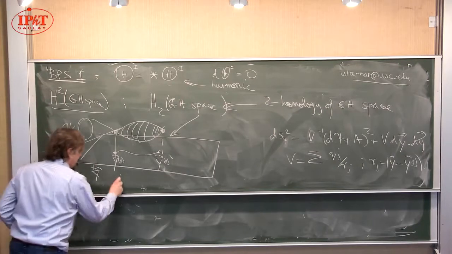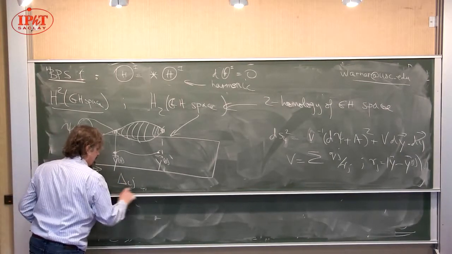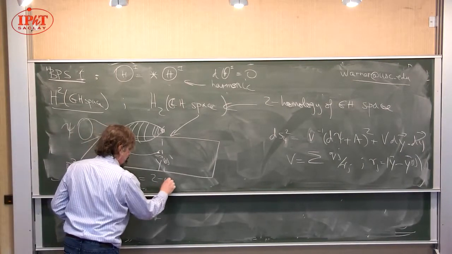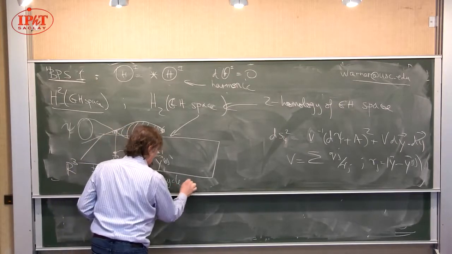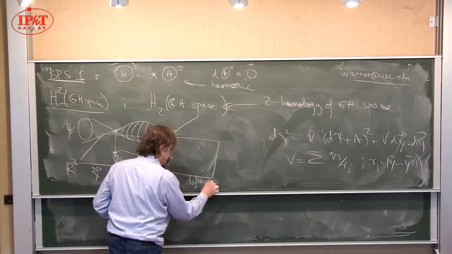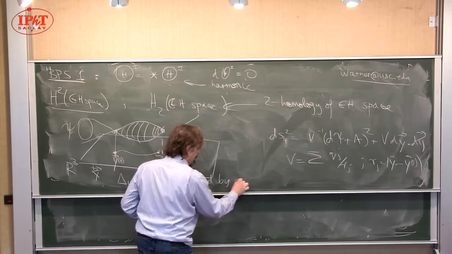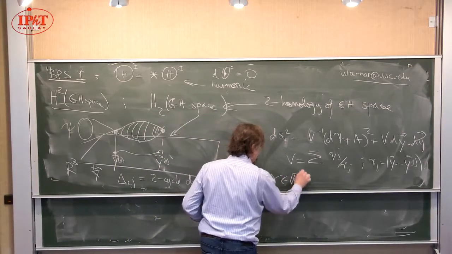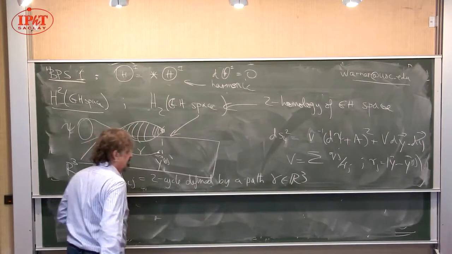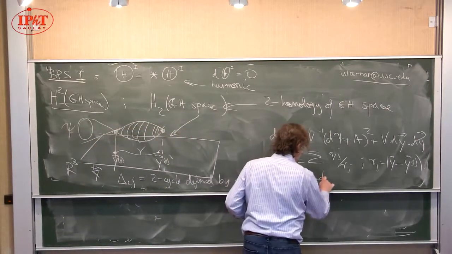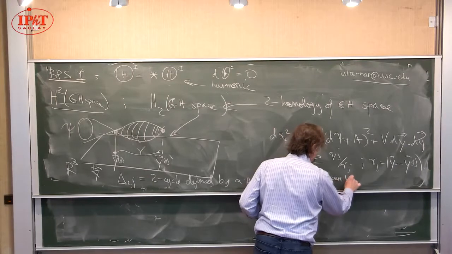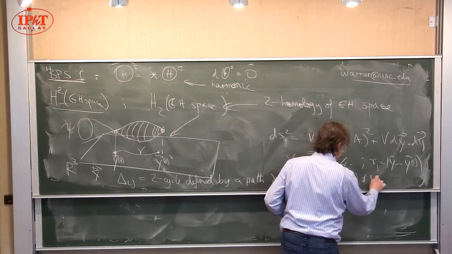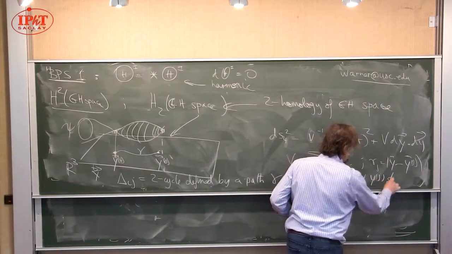I'm going to define delta ij to be the 2-cycle defined by a path gamma in R3, between yi and yj, and of course the psi fiber.